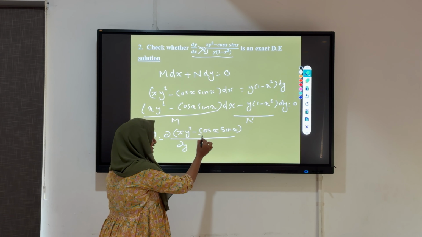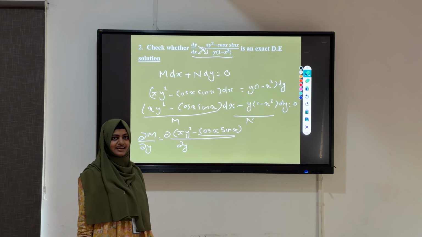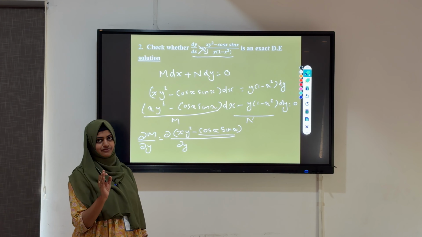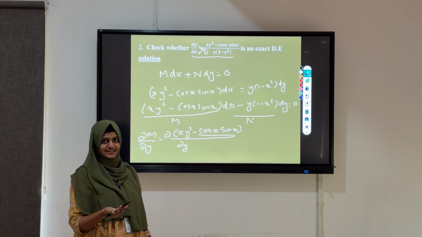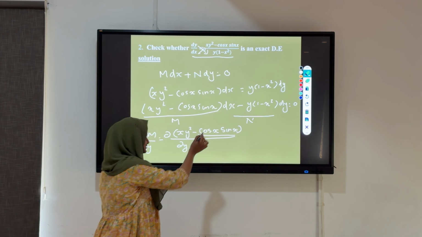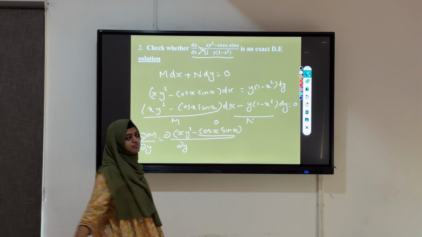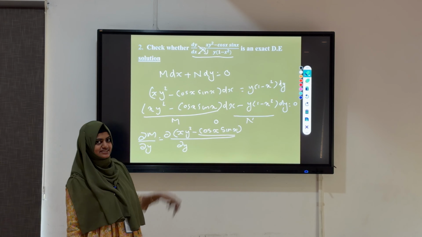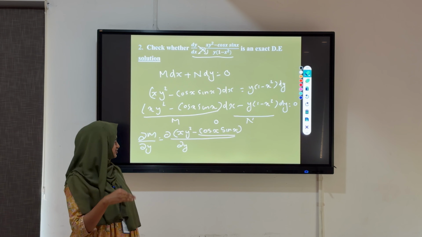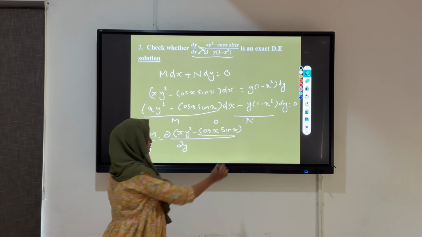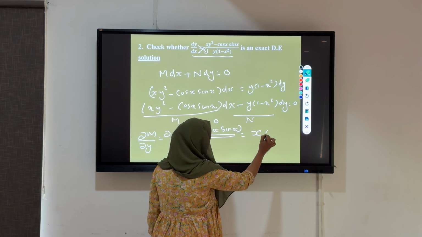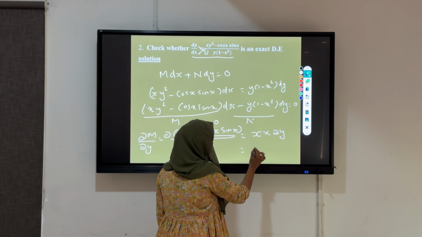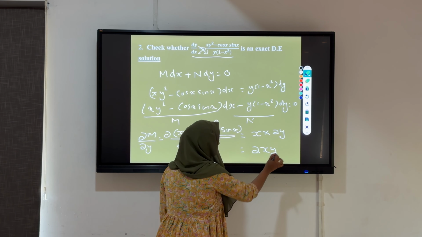Here cos x and sin x are functions of the variable x, there is no y variable, so they are considered as constants. Then their derivative with respect to y becomes 0. Then for xy square, its partial derivative with respect to y is x into the derivative of y square, 2y, that's equal to 2xy.